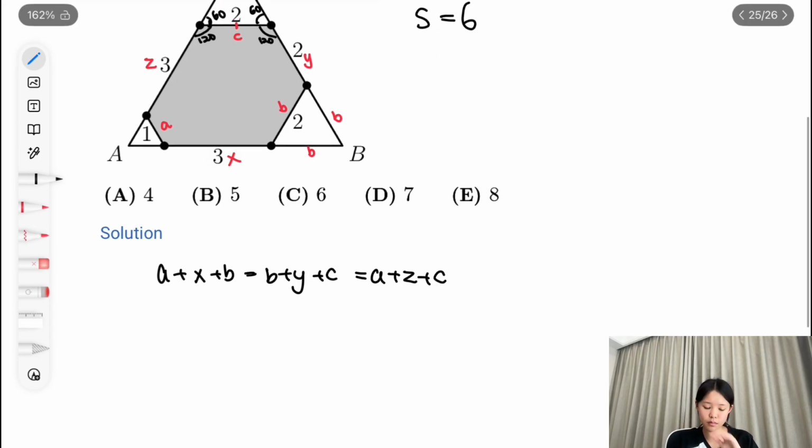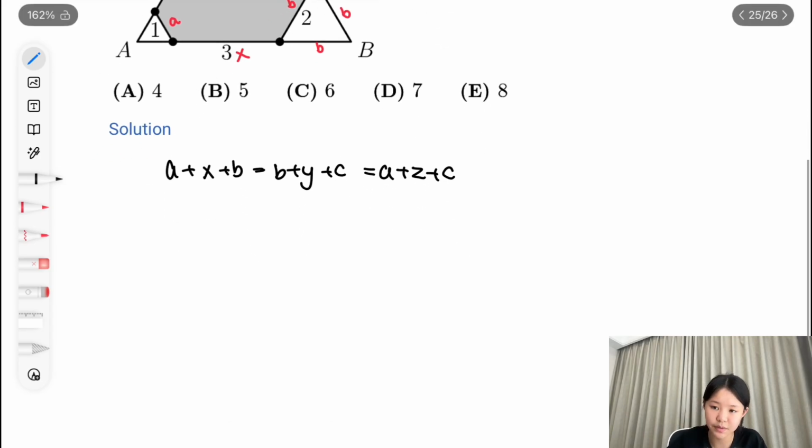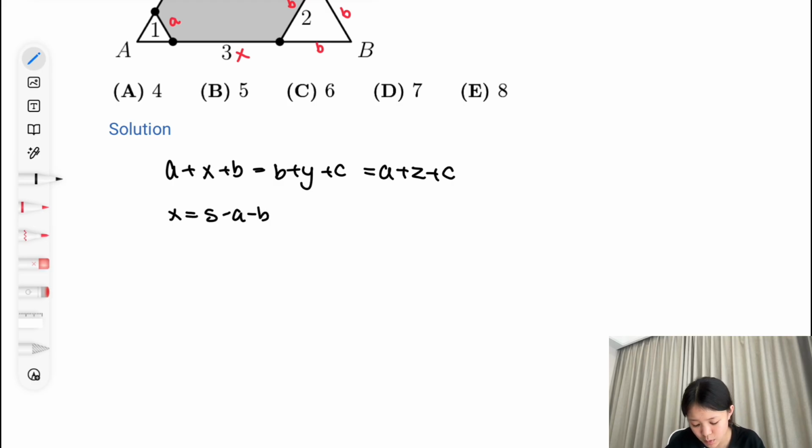So if we write this out as having the variables X, Y, and Z as the primary variable, we get this series of equations. X equals S minus A minus B, which is larger than or equal to 1, since they all have to be positive integers. And Y equals S minus B minus C, which is larger than or equal to 1.